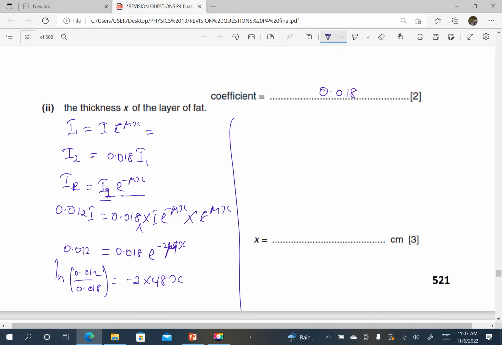So when you press your calculator to find x, x is 4.2 times 10 power negative 3 in meters. And they want the answer in centimeters, so I multiply by 100, it will be 0.42 in centimeters.